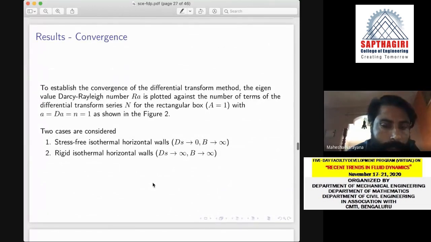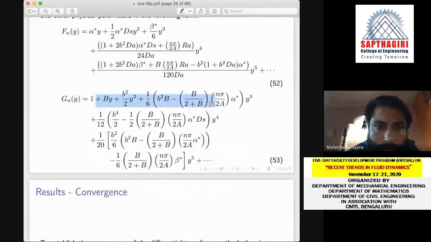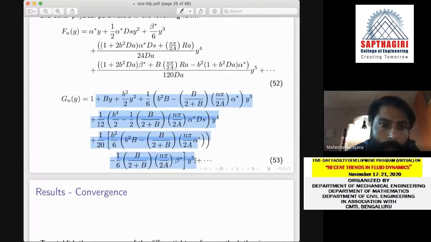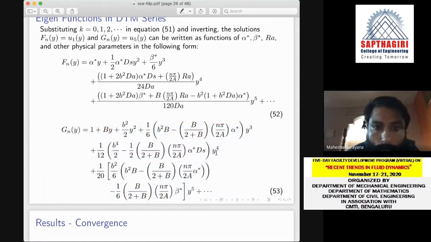I think I have less time, so I will just brief about the convergence of this particular solution procedure. And remember, your solution is kind of an infinite series in Y. And this infinite series is supposed to converge for a particular value of Y, which is called the radius of convergence.